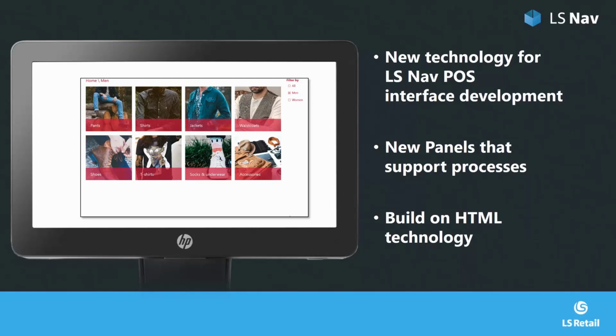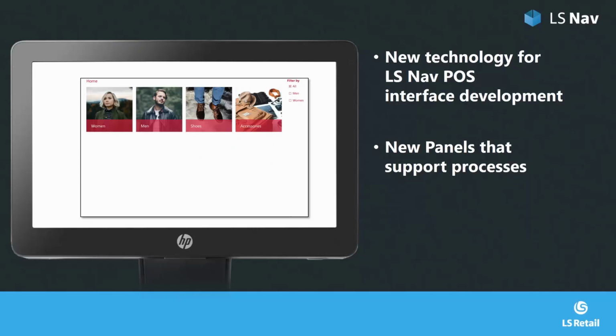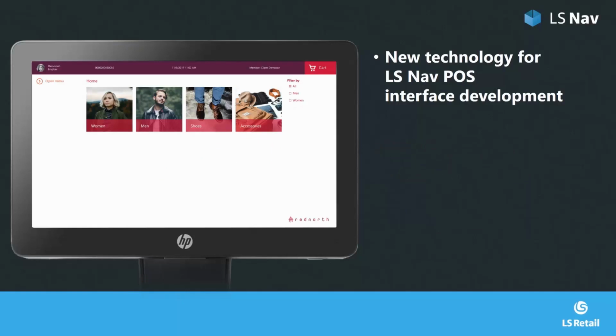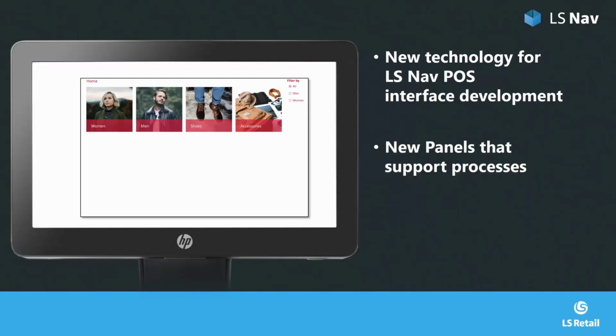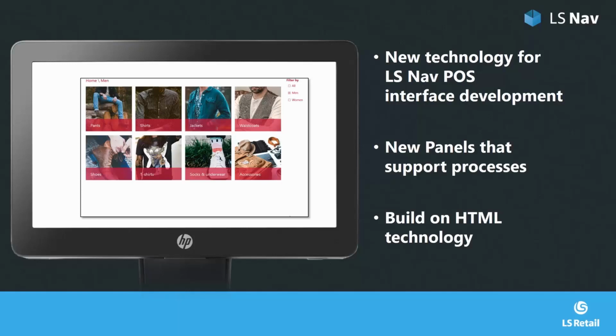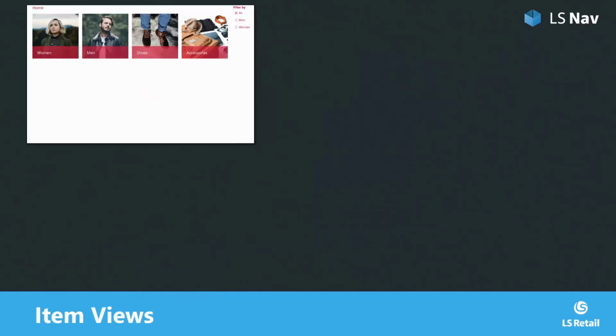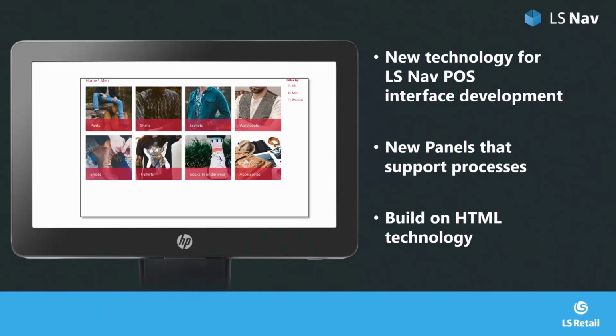For example, the panel you see here is showing a hierarchy. The picture before showed you the highest level in the hierarchy, like this, and then you press one of them and you go down to the next level in the hierarchy.